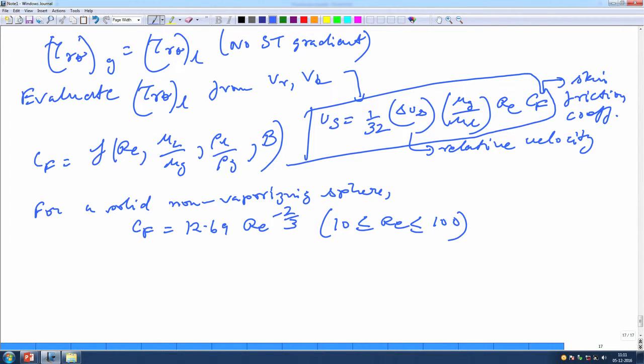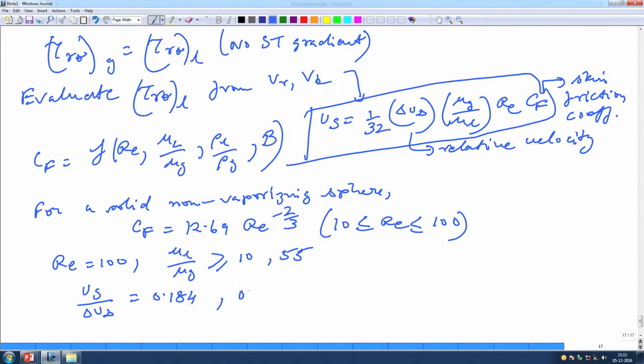So, for example, if your Reynolds number is 100, and mu L by mu g is, say, 10 or 55, this Us by delta u infinity, that is the relative velocity, will be given as 0.184 and 0.0335 respectively.